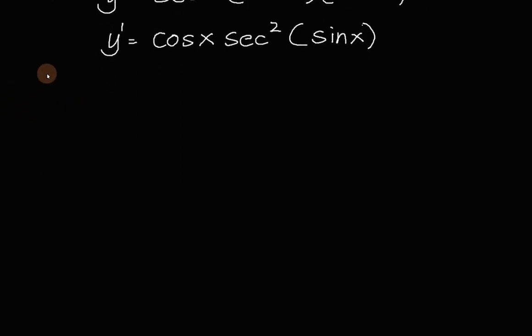Let's say we have y equals x squared cosine squared 3x. Okay, in this case, we're gonna use the product rule. This would be our u, this is our v. Recall the product rule.